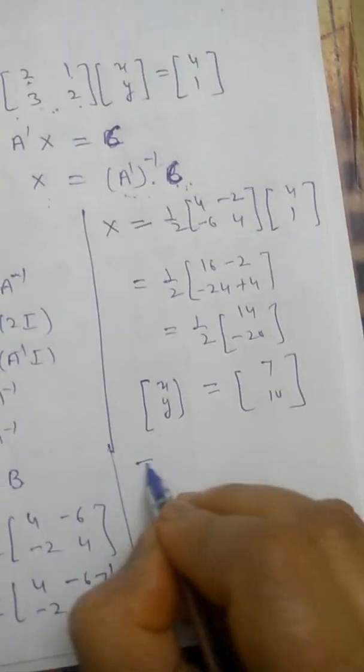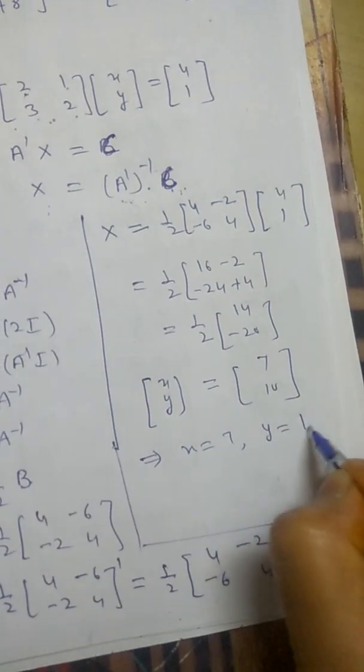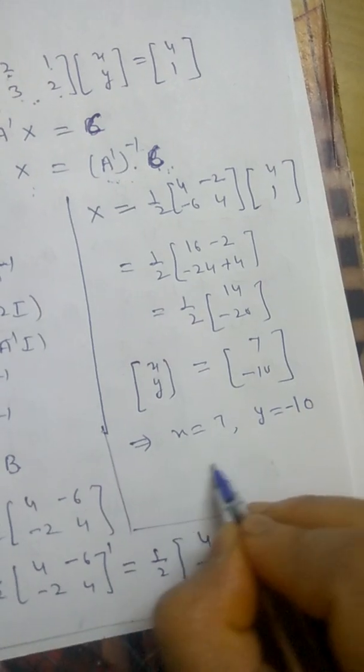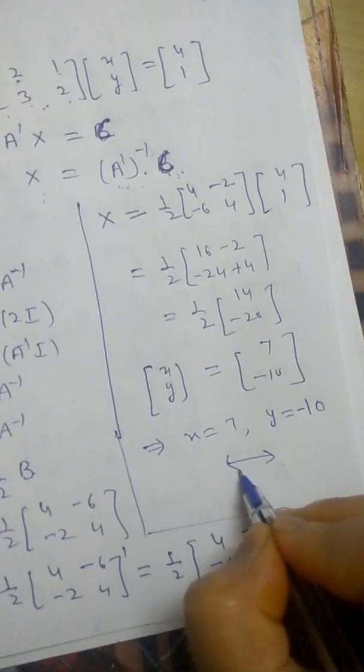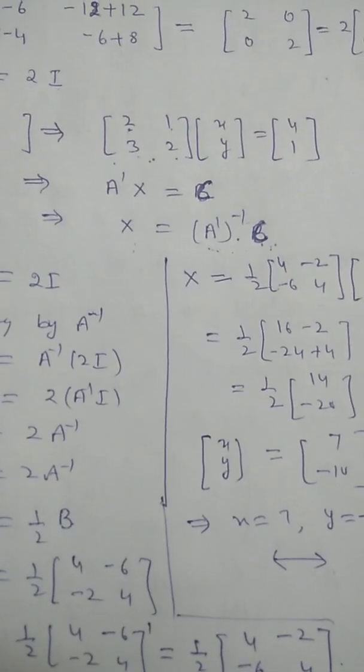Now comparing this, we get x is equal to 7 and y is equal to -10. That is the answer. I hope it will be clear to everyone.